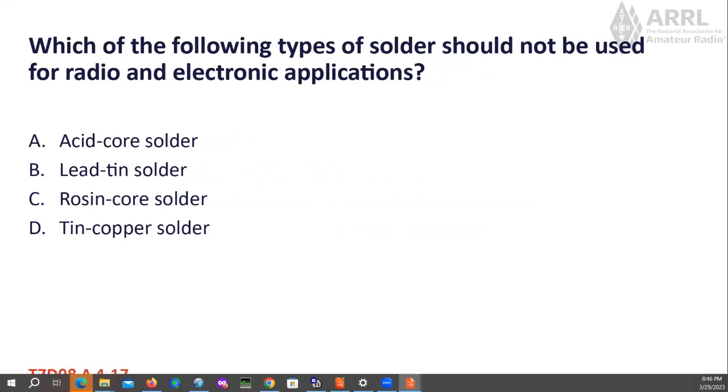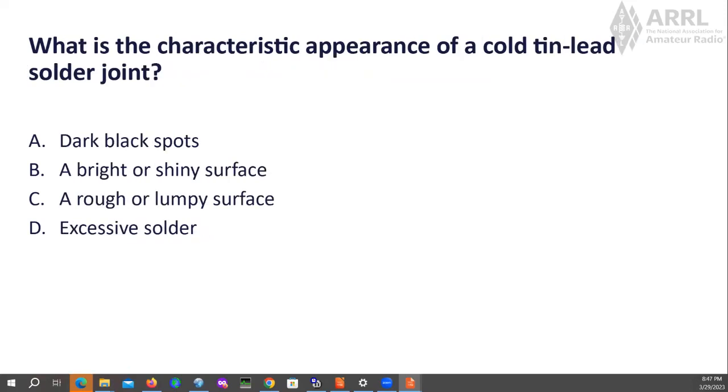Which of the following types of solder should not be used for radio and electronic applications? A. Acid core solder. What is the characteristic appearance of a cold tin lead solder joint? Cold joint is a bad joint, by the way.